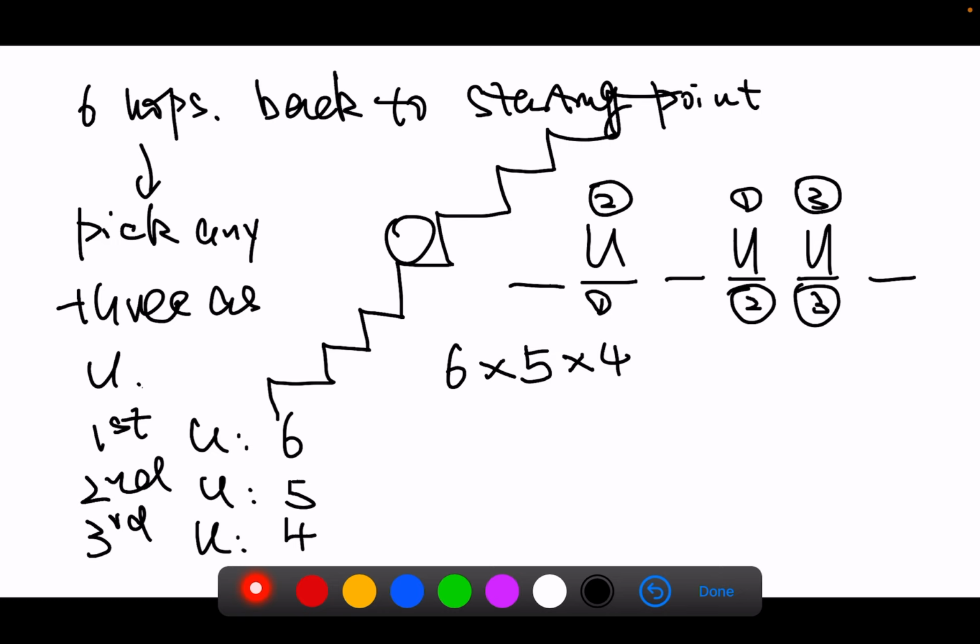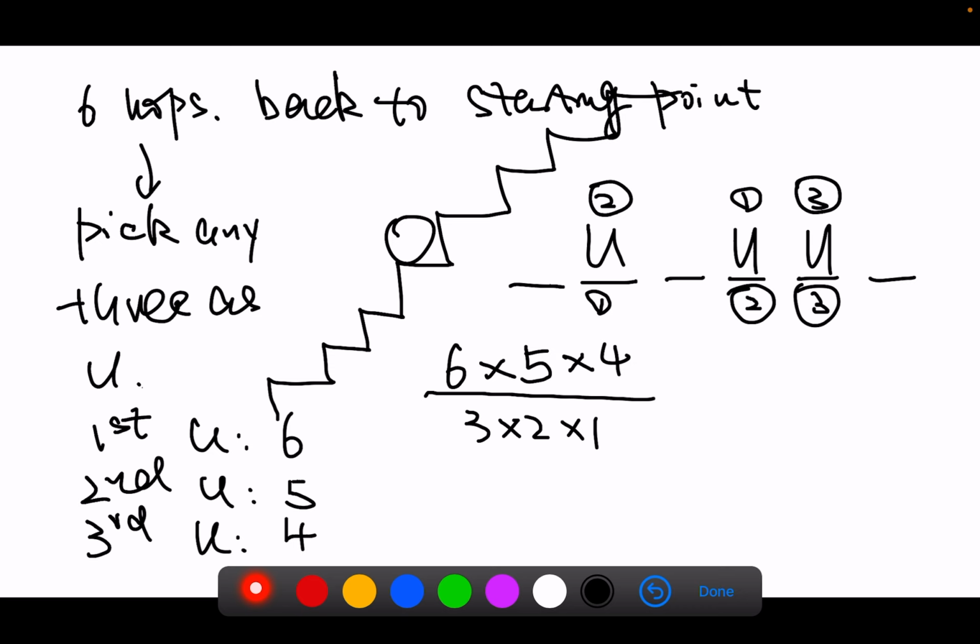They're exactly the same choices. It's just a different order of those 3 ups. So to remove those duplications, I need to divide by how many ways you can arrange 3 positions. How many ways can you just switch the order of those things? The answer is going to be 3 times 2 times 1.